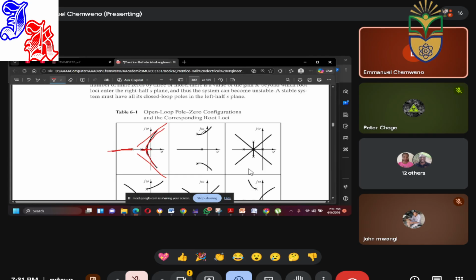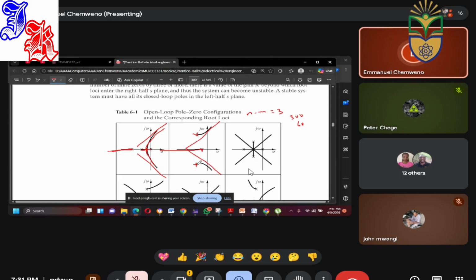Number 2, you see these are 3 poles. They will all go to infinity. How will they go to infinity? Asymptotes. Because n minus m is equal to 3, the angles remain 300, 60, 180. So 180 should be there. There should be some centroid somewhere. So the centroid should do something like that.